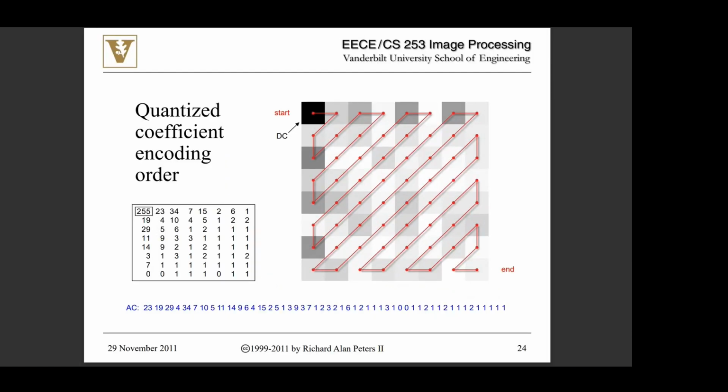Now for the AC components. The AC components are all the others, and they go with PCM. All the others will go this way. The first thing is that we have said low frequency components tend to have more energy.